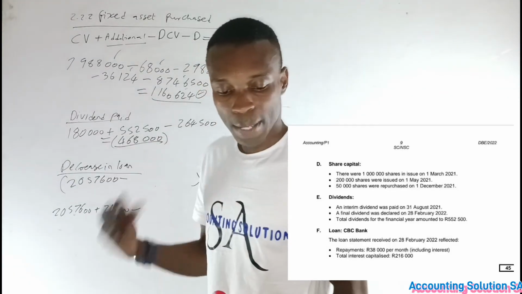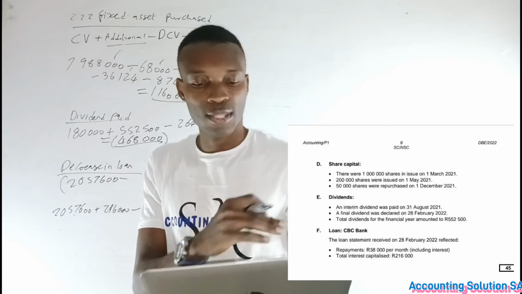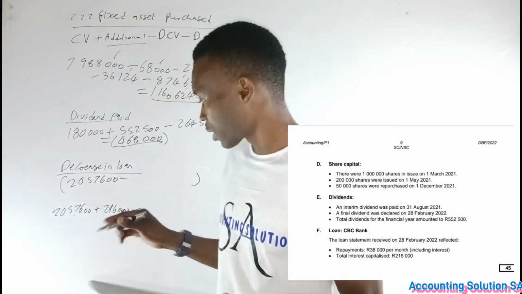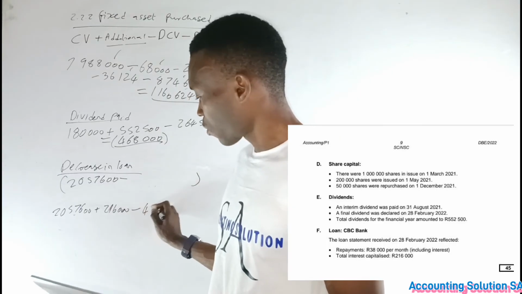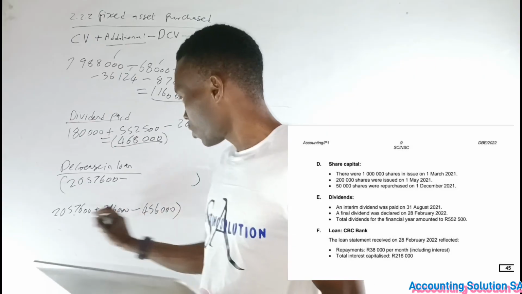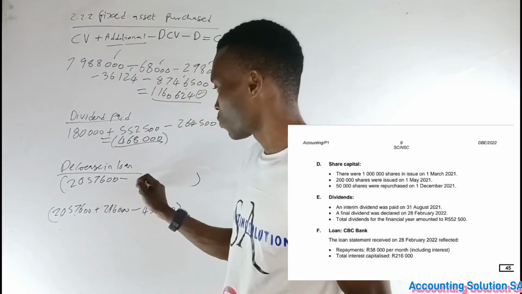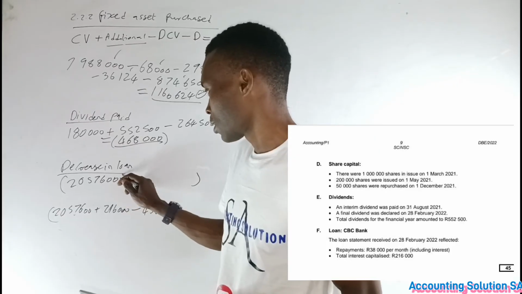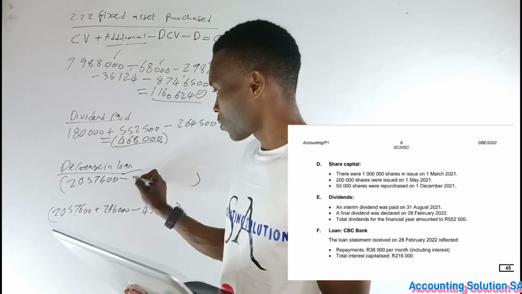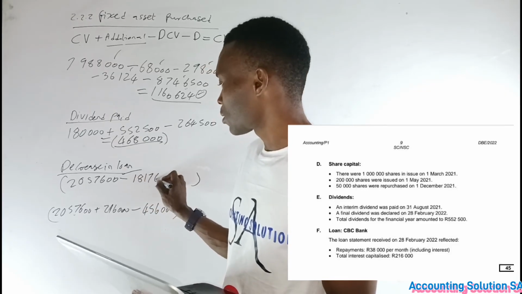Repayment, they give us a monthly 38,000. We must first multiply it by 12 so that we can get a yearly repayment. If you multiply it by 12, it's gonna give you 456,000. Okay, all this calculation is going to give you the balance for this year, which is going to be subtracted here. Okay, then it's gonna give you an amount of 1,817,600.